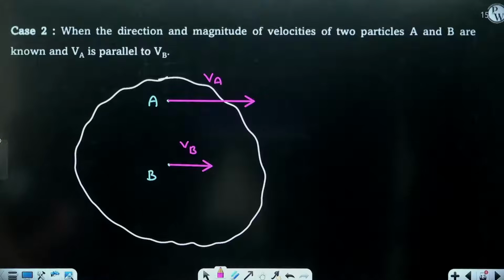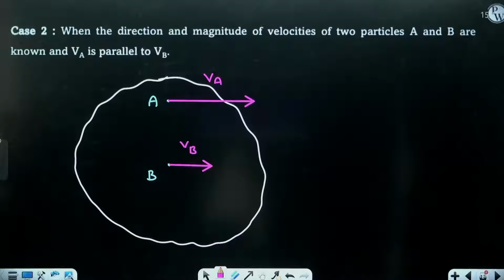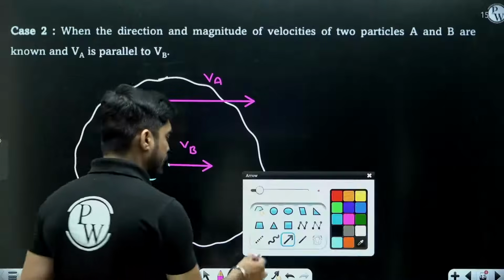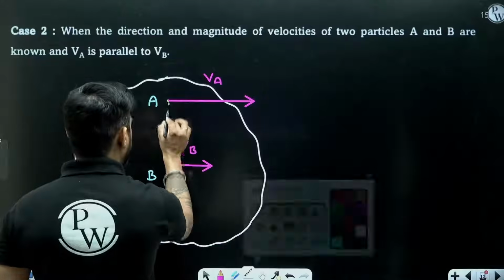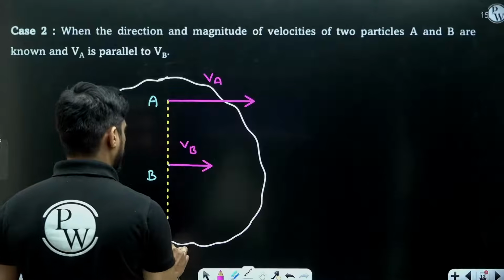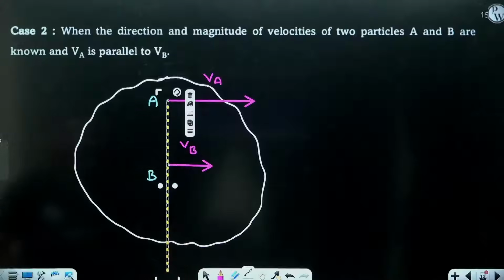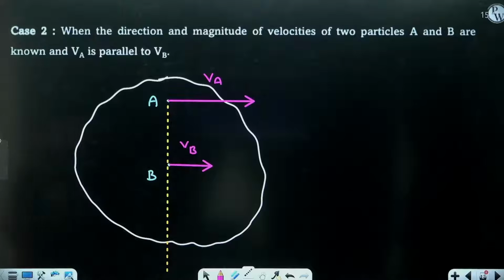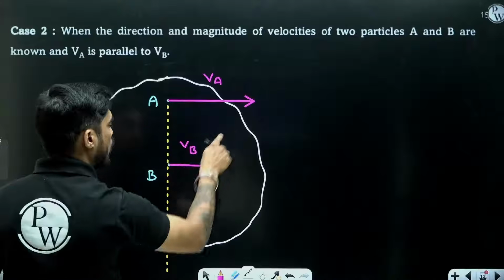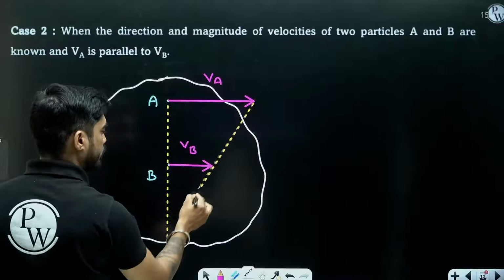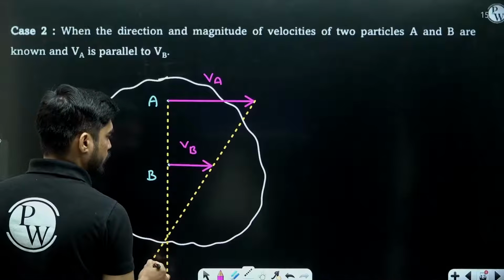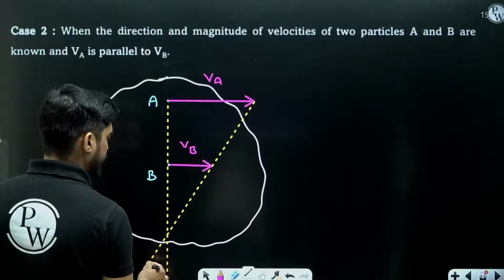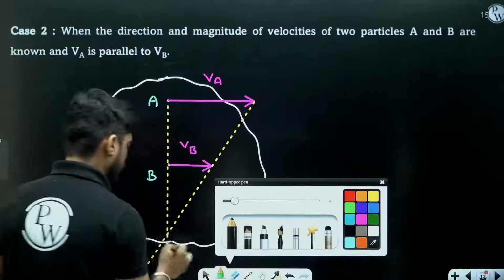Okay. Now what we will do, understand. We will draw two lines. The first line will be the line joining A and B. This is the line joining A and B. And the second line will be the line joining the heads of VA and VB.